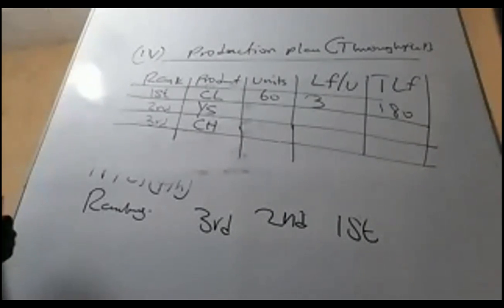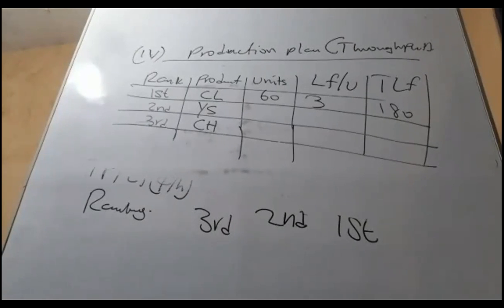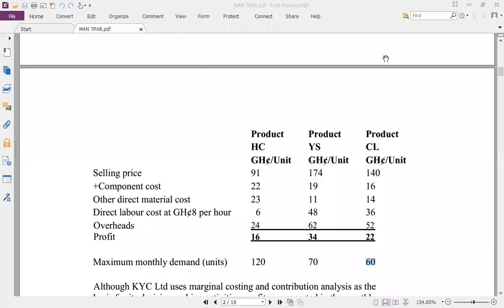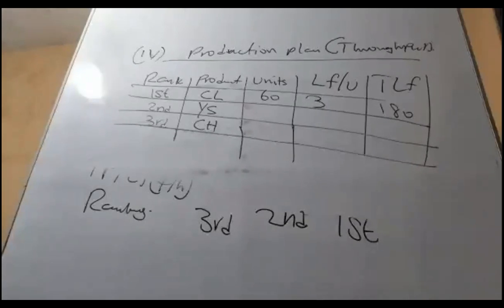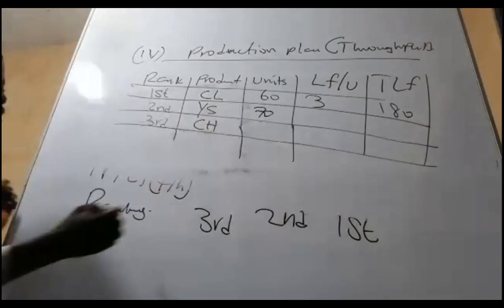Then we go to the second. The one that ranked second was YS, and the demand for YS is 70. So we put the 70 here.